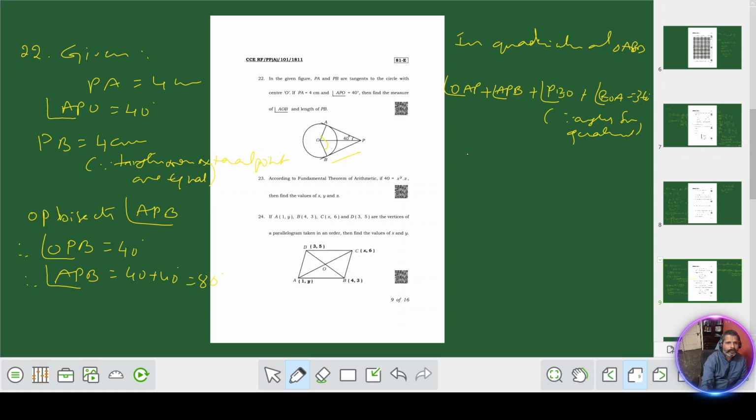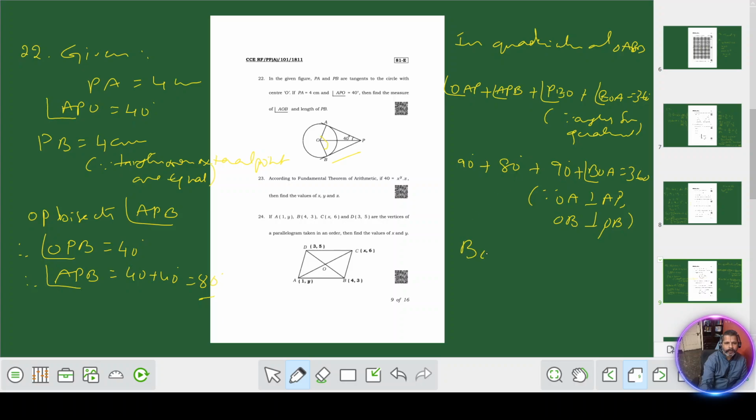Substitute that. OAP is 90. APB is 80, we calculated it. Then PBO is also 90, plus BOA we need. Why have these two become 90? Write the reason: OA perpendicular to AP, OB perpendicular to PB.